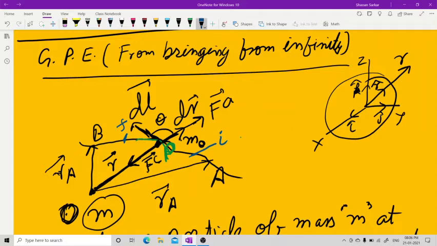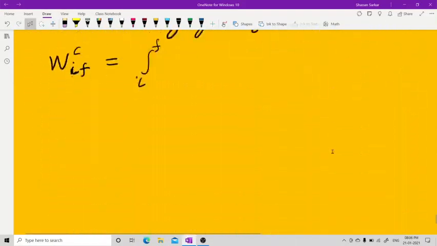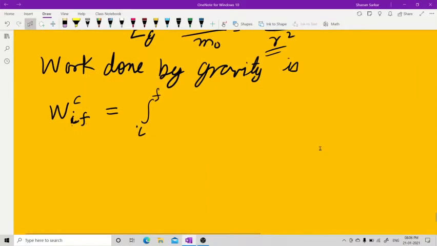Now see what we are going to do. As usual, the formula is the integral of FC, the conservative force, dot dl. Instead of writing ds, I am writing dl, only a change of variable, nothing else.